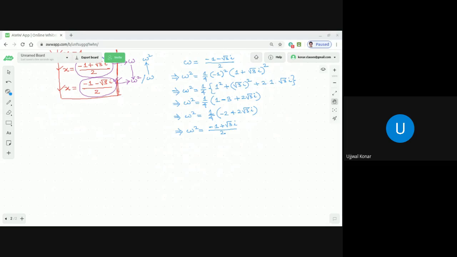So what we see is that we find the equation x cube equal to 1 having the following 3 roots.